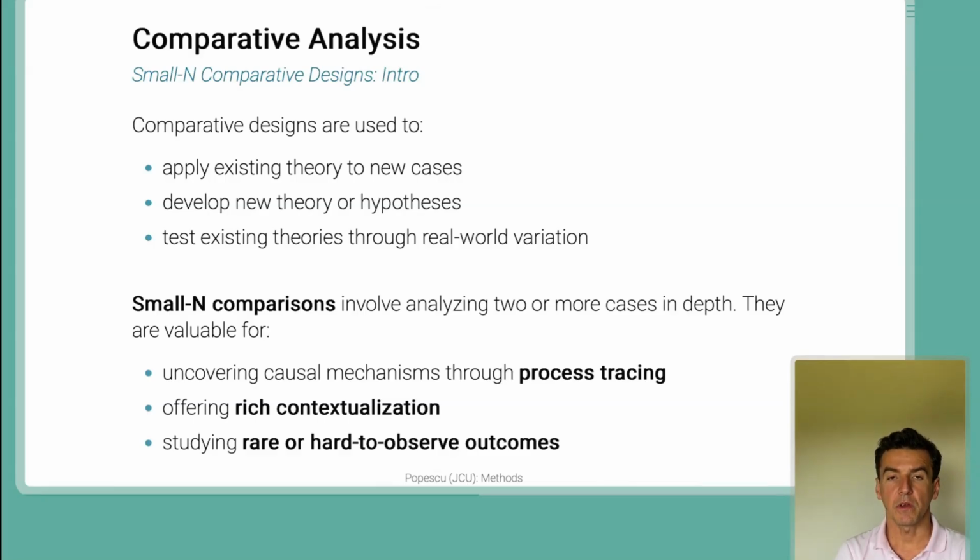And as I mentioned, they're very valuable in order to maybe elucidate mechanisms, so how an independent variable is connected to a dependent variable, or to offer rich contextualization, like trying to understand the context in which an independent variable is connected to the dependent variable.